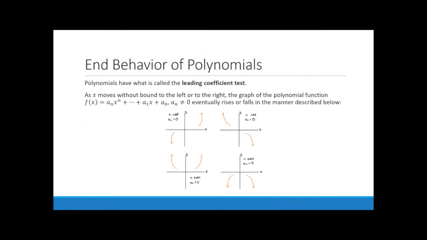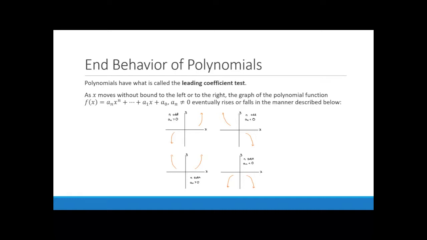So let's talk about end behavior of polynomials, just as a reminder, and so you can see how the limits here work. When we have polynomials and we're looking for end behavior, we use what was called the leading coefficient test. Basically, we're looking at what happens when x goes to infinity or negative infinity, and we're just looking at what happens to those end parts of the polynomial.